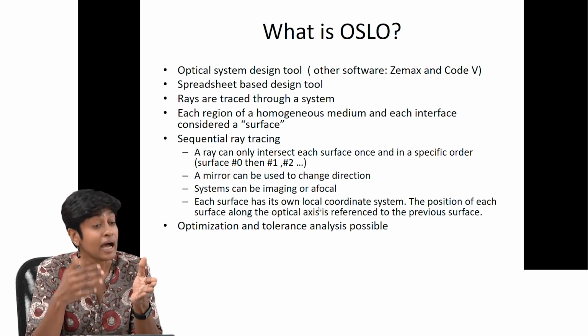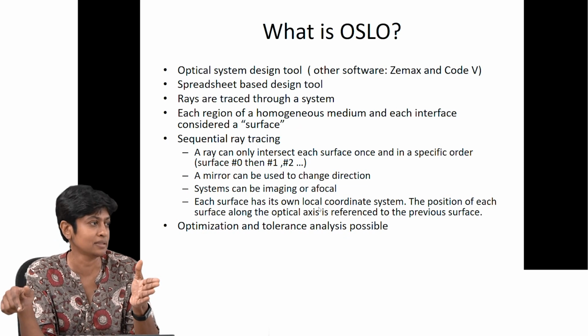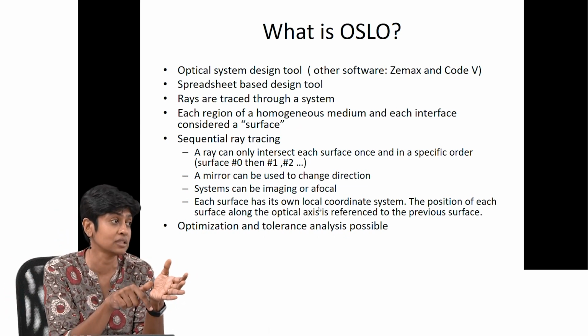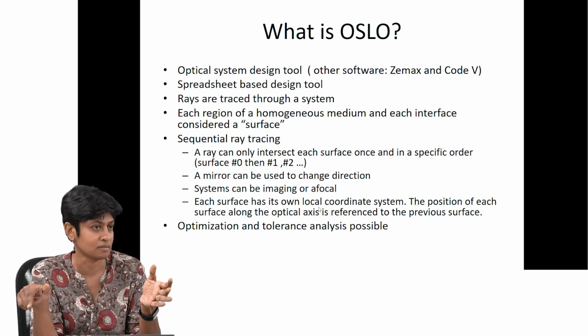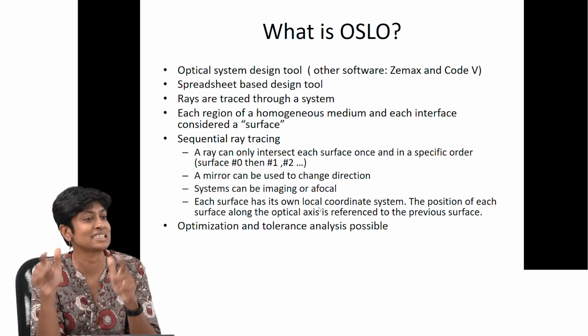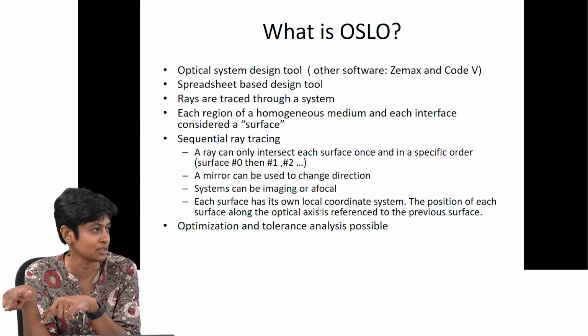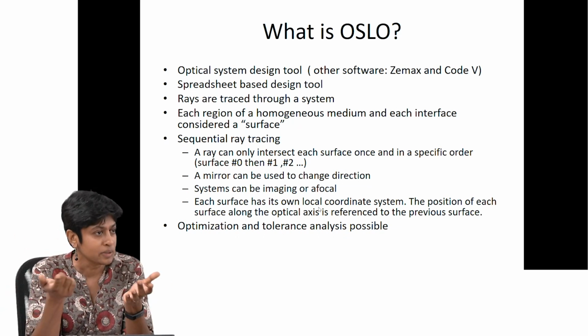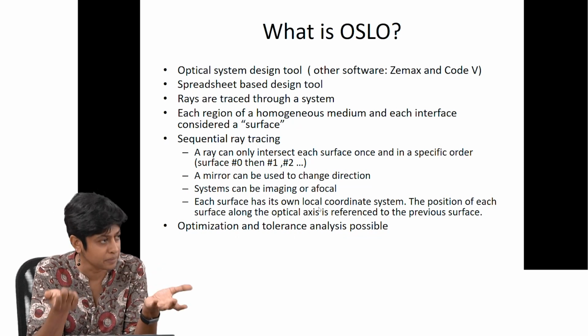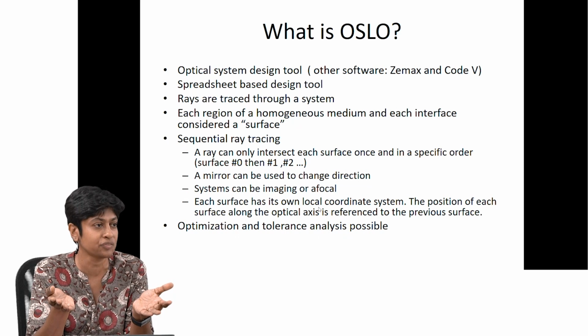You can say, I want the best focus to be at this location, calculate what is the radius of curvature that will give me that, or where should the interface be placed such that I get this image here. As we go along in the course, you will see it is very hard to get a perfect image. We are working with spherical surfaces.